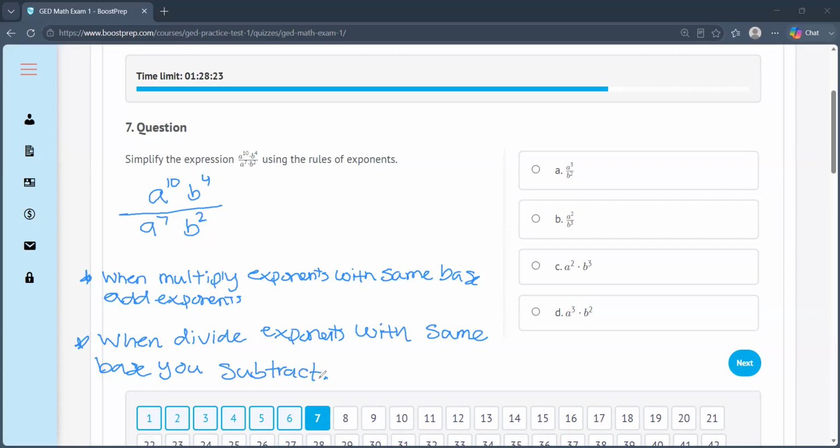Okay. So when you multiply exponents with the same base, you add the exponents, and when you divide exponents with the same base, you subtract.